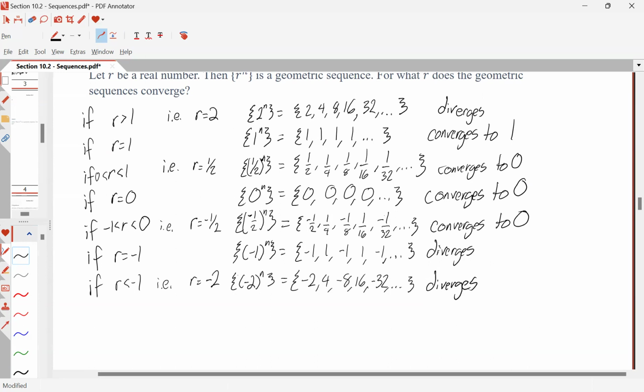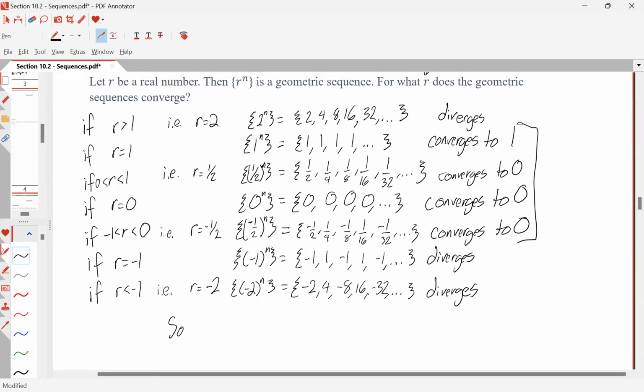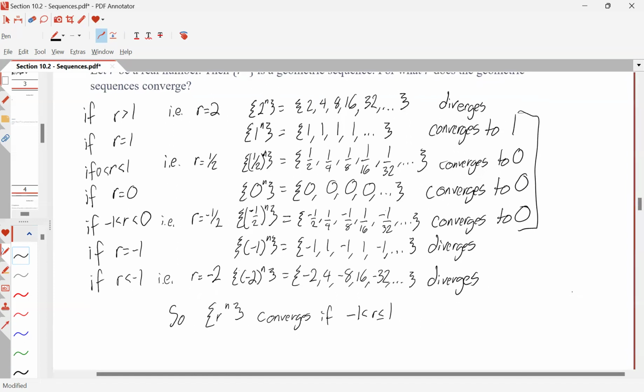So taking this table together, this means our sequence, r to the n, converges if r is between -1 and 1, +1 included. -1 diverged, but +1 converged.